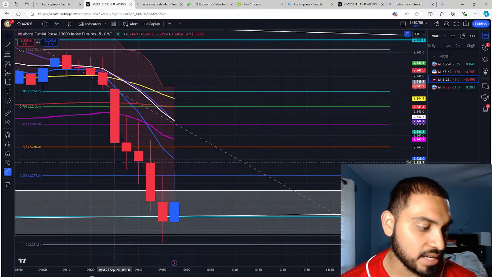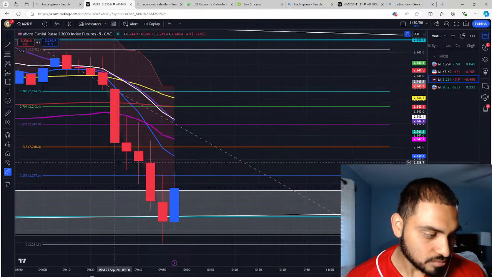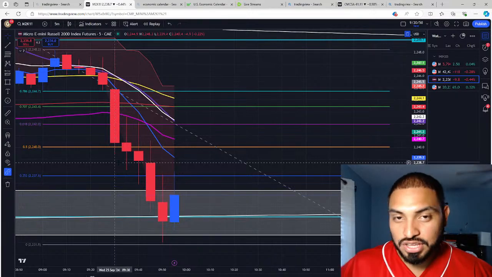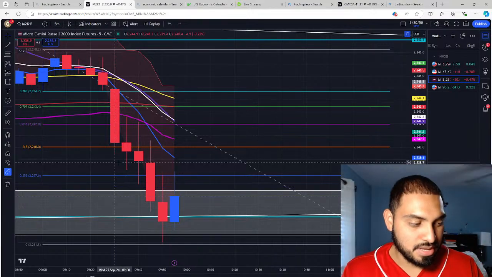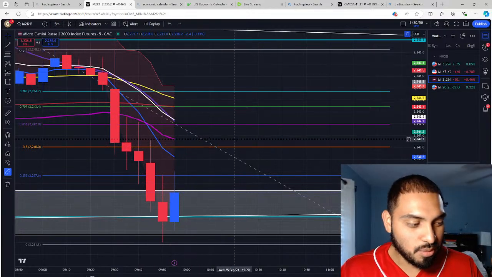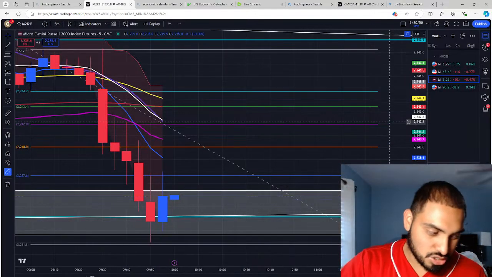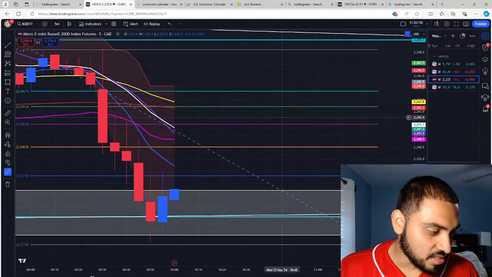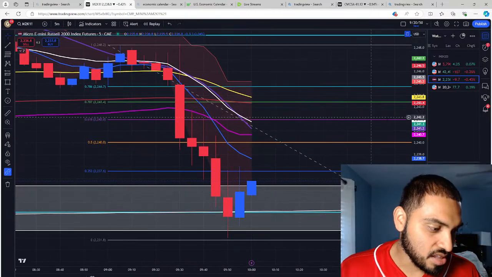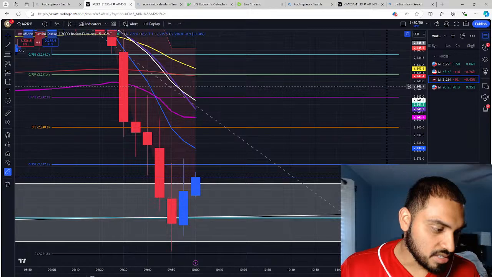Will we get a pop back up or smash back down? Hopefully we get a pop back up so we can come back right around VWAP and the 9 EMA, bounce off, take the trend down. It's 10 o'clock.